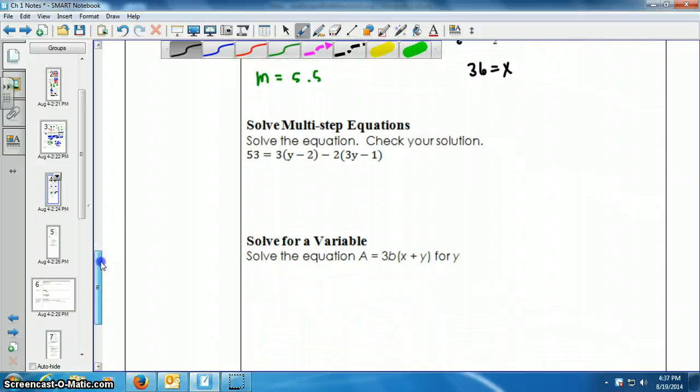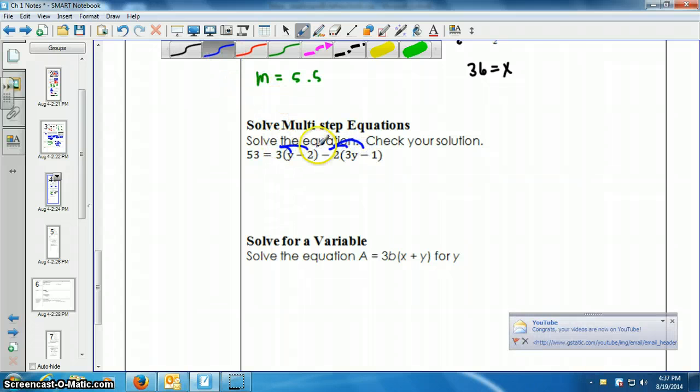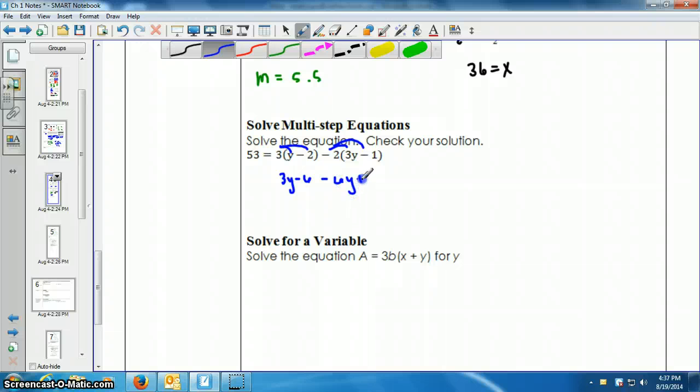Right, another multi-step here. First step would be to distribute. So distribute, if you want to at any point solve this by yourself, you can do that. 3y minus 6. You can pause and try it on your own and then check. Combine like terms. Negative 3y minus 4, and solve like we did above. You're going to start with getting rid of this negative 4 by adding 4.